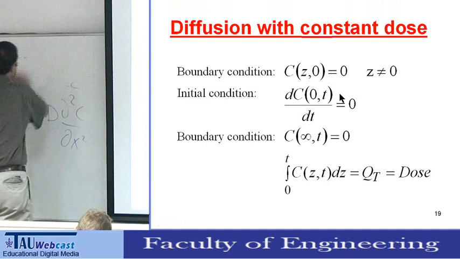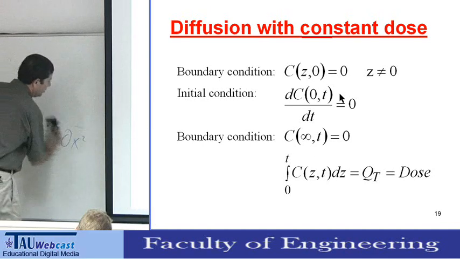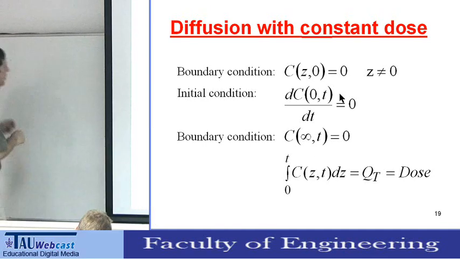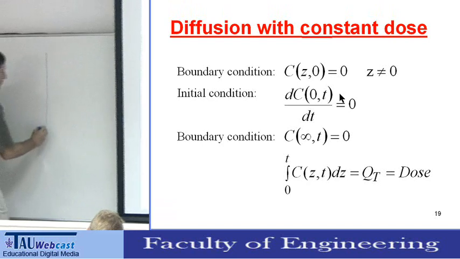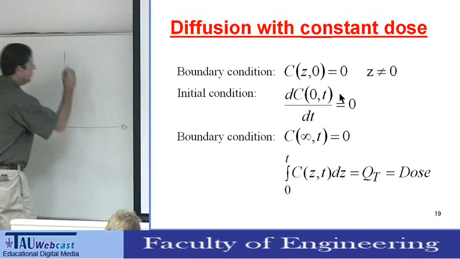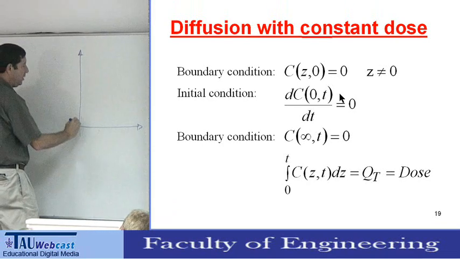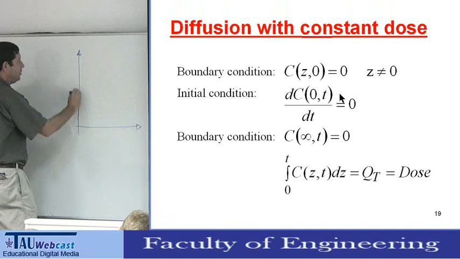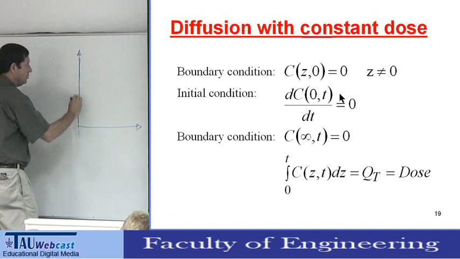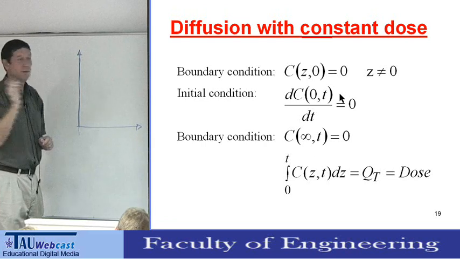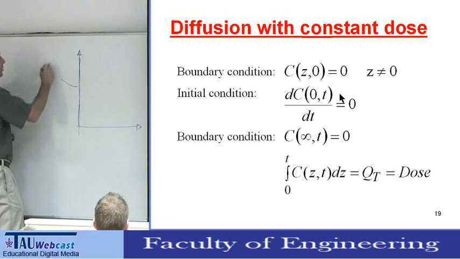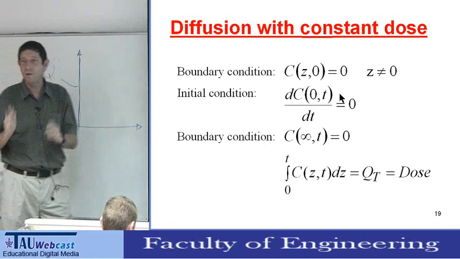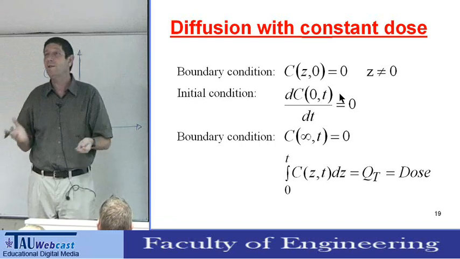This is a typical boundary condition. You say that initially I have a constant dose, and the dose, the total amount Q of atoms per centimeter square, is next to the surface. You can call it a delta function.